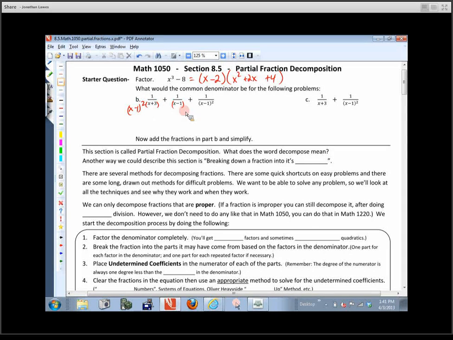What does this one need? Okay, it needs another x minus 1, so I'd have to multiply the top by x minus 1 squared. It needs another x minus 1, and it needs an x plus 3, right? So I'd have to multiply the top and bottom by x plus 3, and the top and bottom by another x minus 1. And what does this one need?